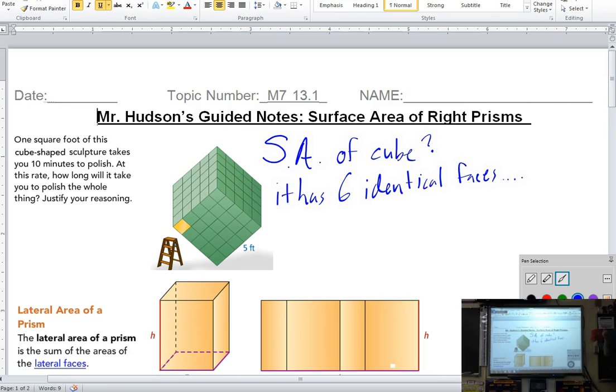So this has 6 identical faces. When you start thinking about this, what do you think first? We relate this to how we did the Rubik's Cube. What's the first thing that we talked about with the Rubik's Cube?